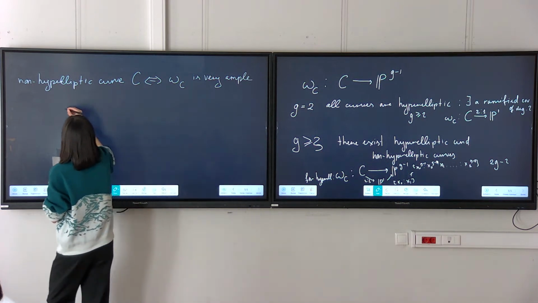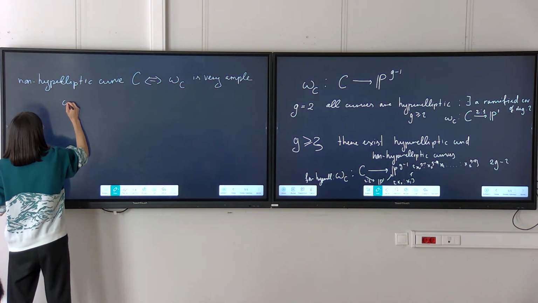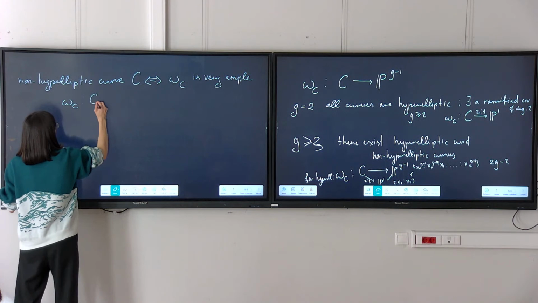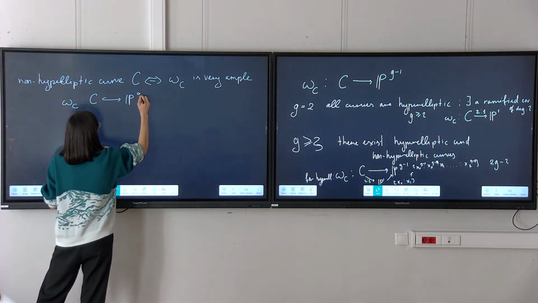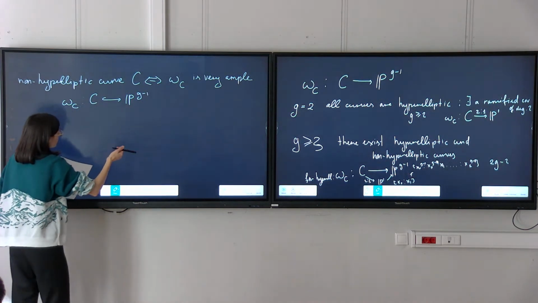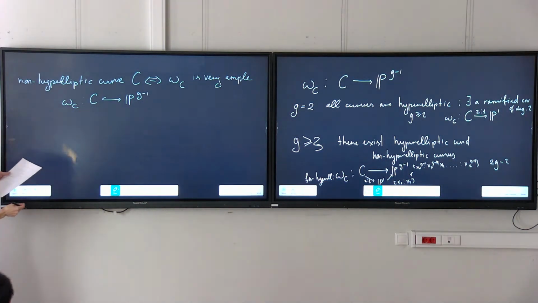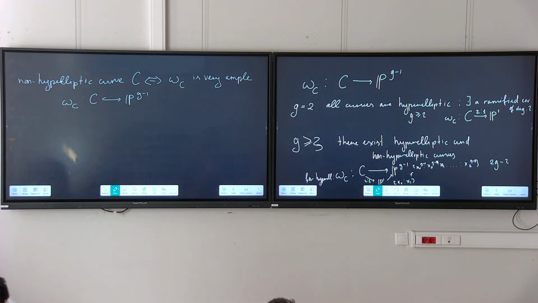So for non-hyperelliptic curves we have an embedding of C into P^(g-1) of degree 2g minus 2. Okay? And now, this was just a quick reminder about curves.